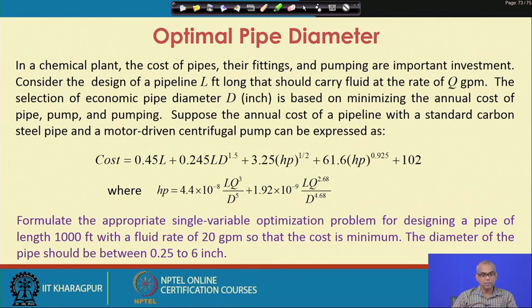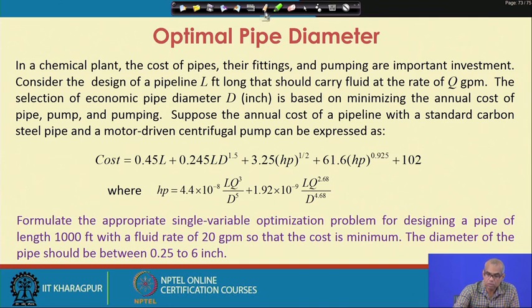So, let us formulate an appropriate single variable optimization problem for designing a pipe of length 1000 feet with a fluid rate of 20 gallon per minute, so that the cost is minimum. The diameter of the pipe should be between 0.25 to 6 inch.